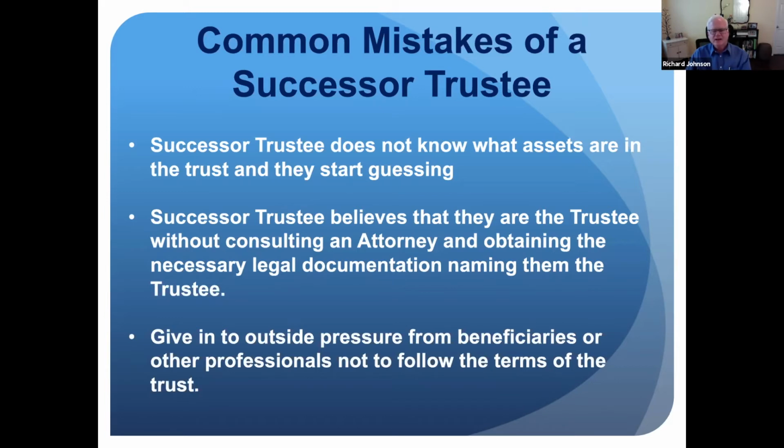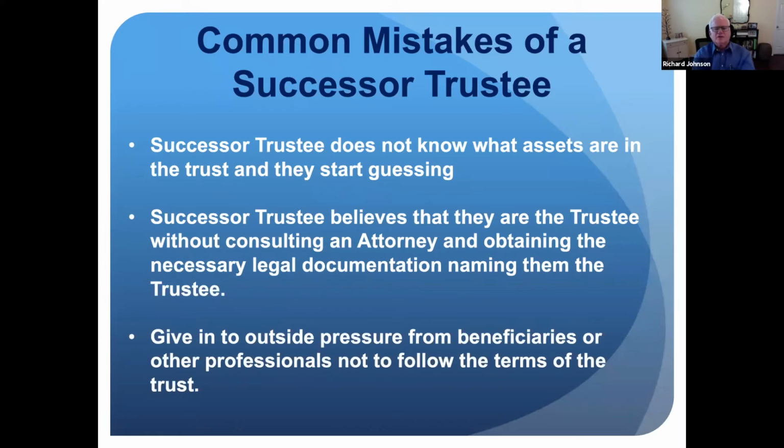And if we have to get an inventory, then we can get an inventory. What values are we going to use in the inventory? Do we use the value that, well, we bought this thing 5 years ago and I think it's worth about this much? No, we have to use the valuation as of the date of death. And so there are certain rules that we have to go by. And if the successor trustee doesn't know those rules, then they need to find out what they are.